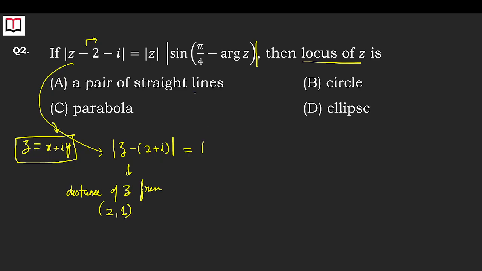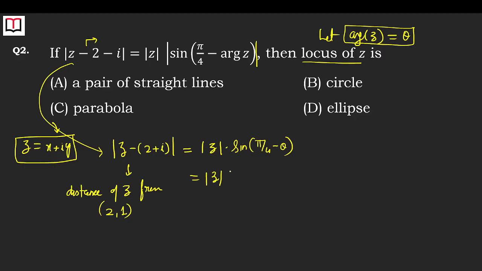Now this is given to be mod of z. Let's keep it. Let's simplify it. Since z is a variable complex number, theta is also a variable here. So mod of z into sine of, so I assumed it to be theta minus theta. So what is it?